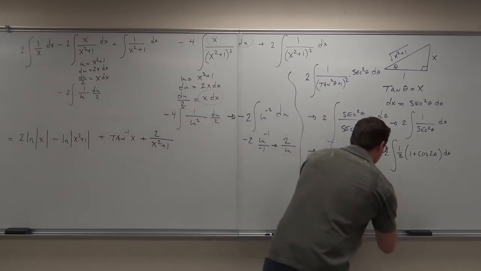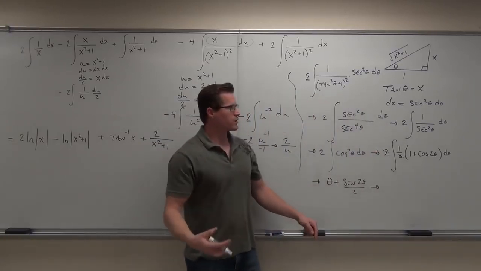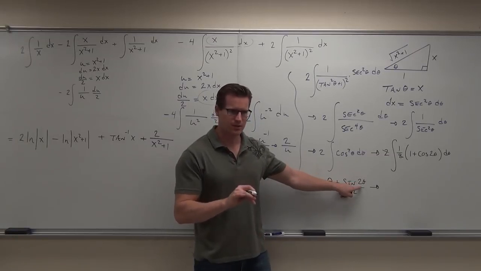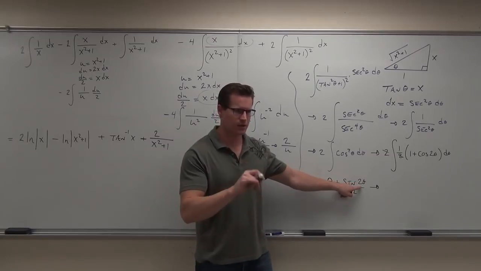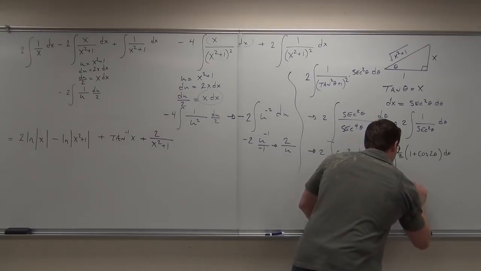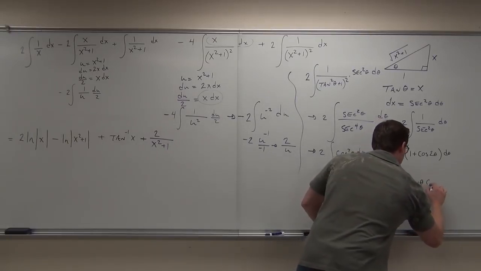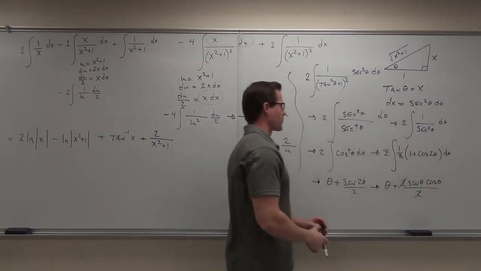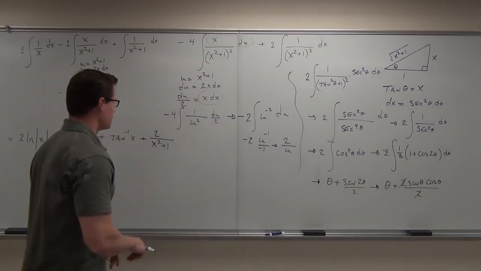We keep on going. Remember that with your triangles, I know we've seen this before, you can't have a 2 theta. You have to make this 2 sine theta cosine theta. So we get theta plus 2 sine theta cosine theta over 2. 2's are gone.